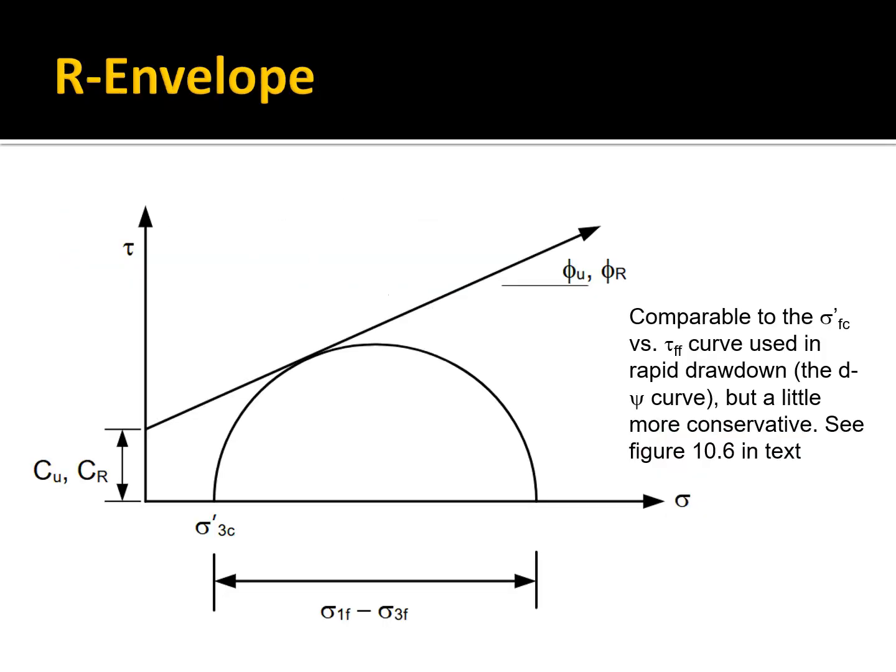So what is an R envelope? It's kind of a modified version of a Mohr Coulomb strength envelope, but it's a little bit different.